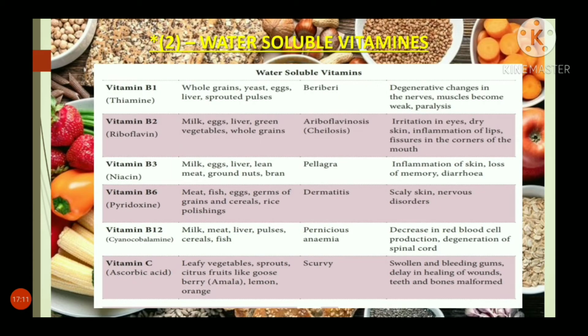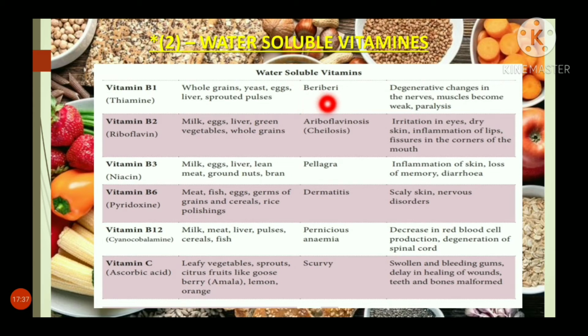Next is water-soluble vitamins. Vitamin B1, the other name is thiamine. Sources: whole grains, yeast, eggs, liver, sprouted pulses.